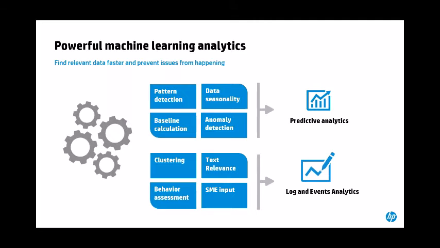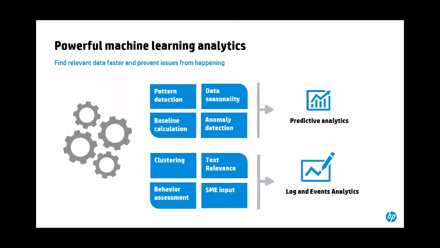In our predictive analytics, we have a self-learning engine that is able to detect patterns, see where your data is going, but also account for seasonality. So depending on your business, if certain times of day or certain times every week, there are patterns that are indicative in your business, it'll know that and learn those patterns over time.